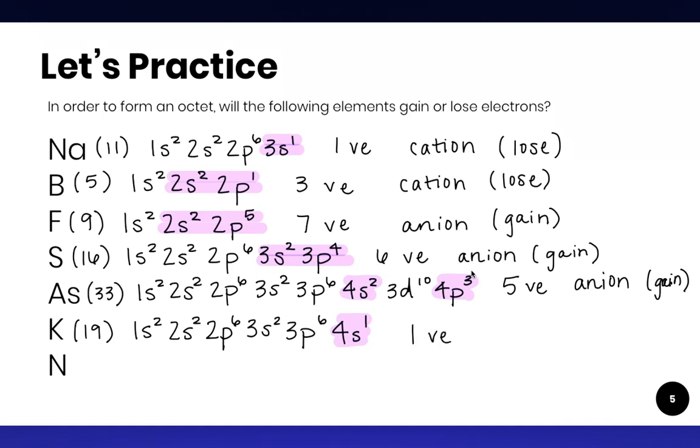It will form a cation by losing that 1 electron. And finally, we have nitrogen with just 7 electrons.